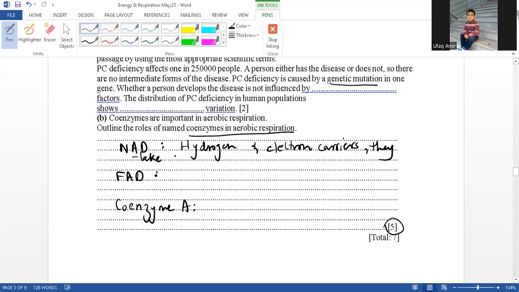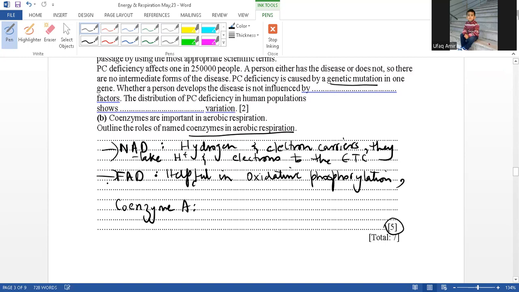They take protons and electrons to the electron transport chain. They are helpful in oxidative phosphorylation. I have written both of these together, and you will also write them together. The electrons which they carry and protons are helpful in making water molecules.